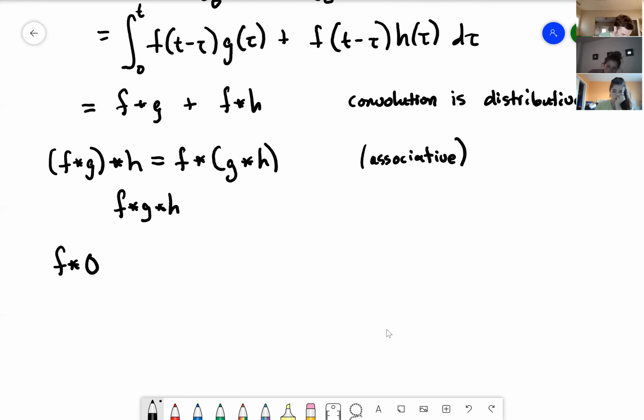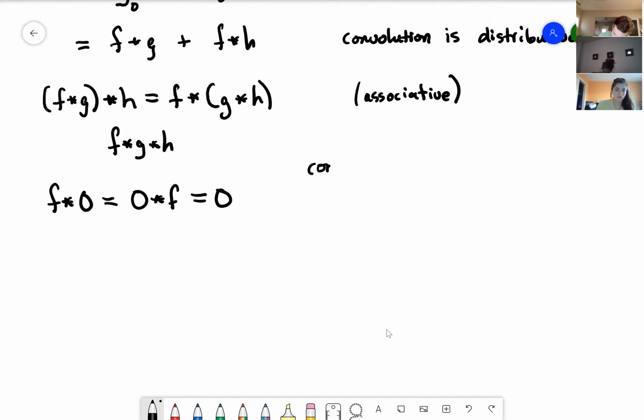And another maybe obvious property is that f star 0 is the same as 0 star f, which is 0. So if we convolve with 0, we get 0. Just like multiplication, if we multiply by 0, we get 0. And if we convolve with 0, we get 0 as well.